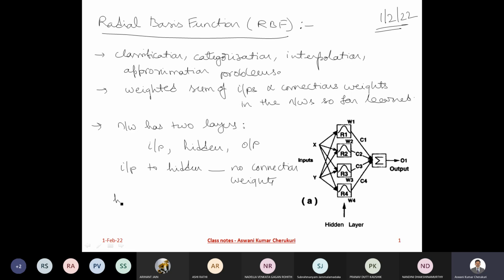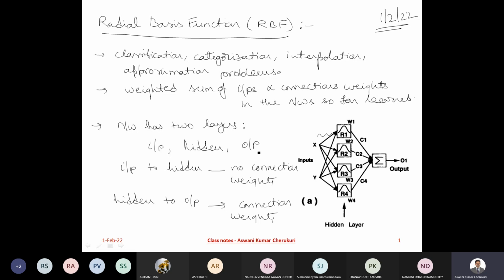Then from hidden to output, you have connection weights. So when the network goes for training, you need not worry about the connections between input and hidden, because there are no connection weights essentially.